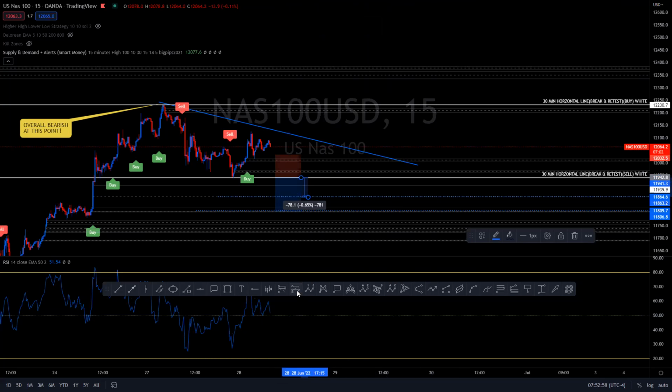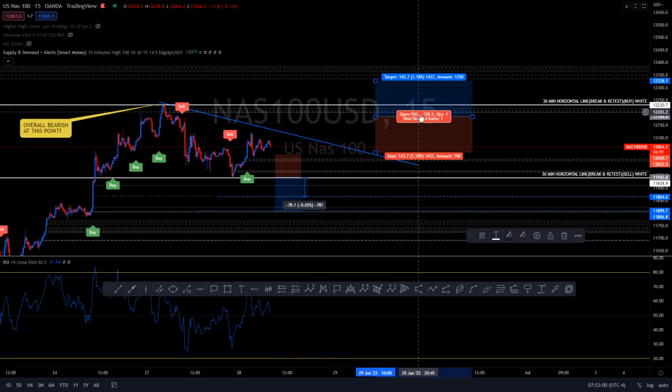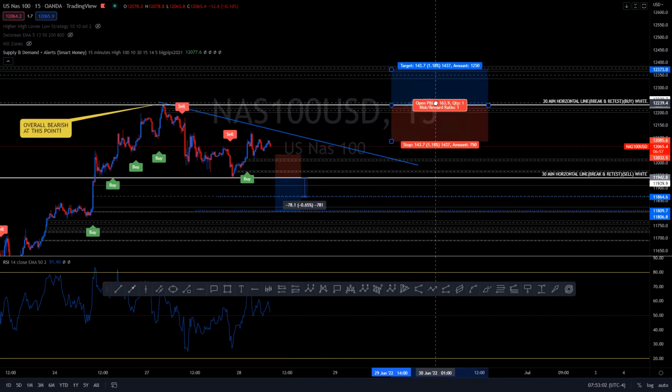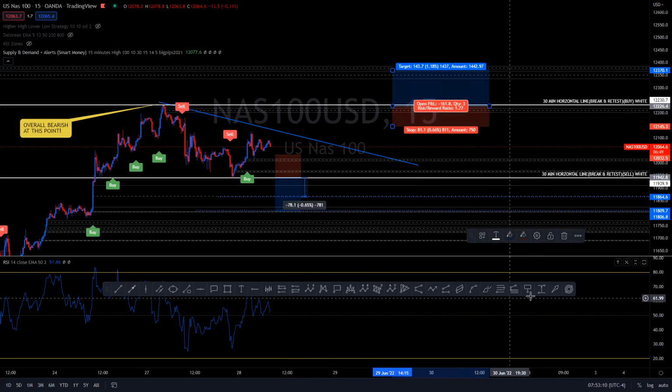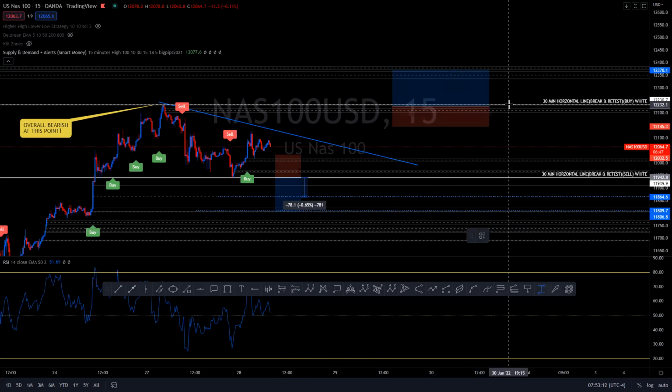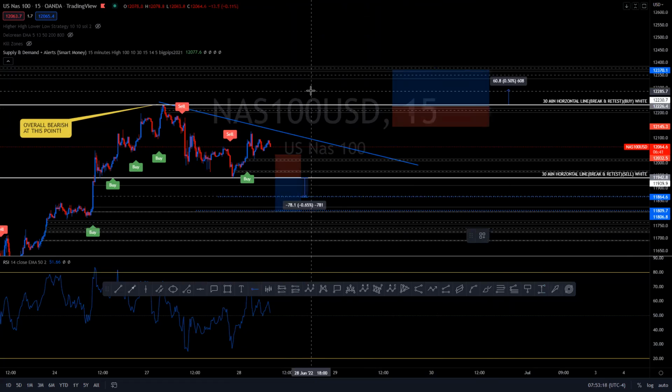Now, if price decides to buy, then same thing, at least a risk to reward of 1, sometimes 2 to 1. So I would want to get at least 600 pips worth of NAS if I could for the first TP.